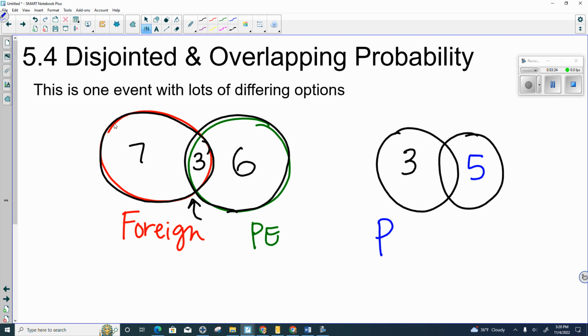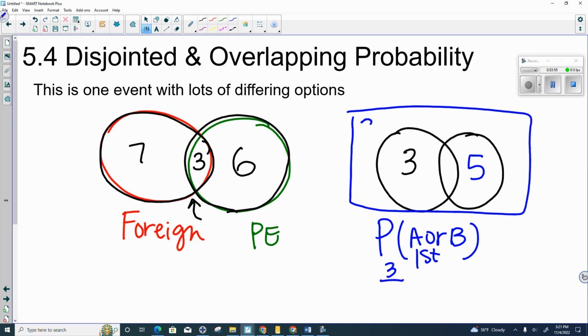So if I asked you, what's the probability that somebody has PE or foreign language, we're going to use a slightly different first period. I can use an equation where I'm just adding them together. So the probability, sorry, I'm struggling to verbalize this very well, of event A or event B, first period. So I will take 3, and out of the total people I surveyed, I don't think I mentioned that.